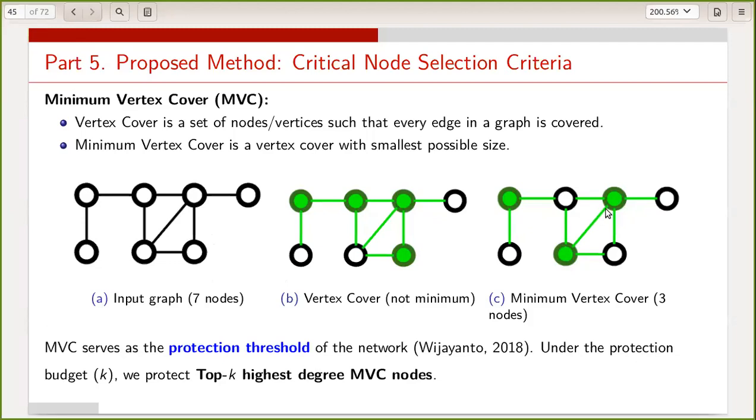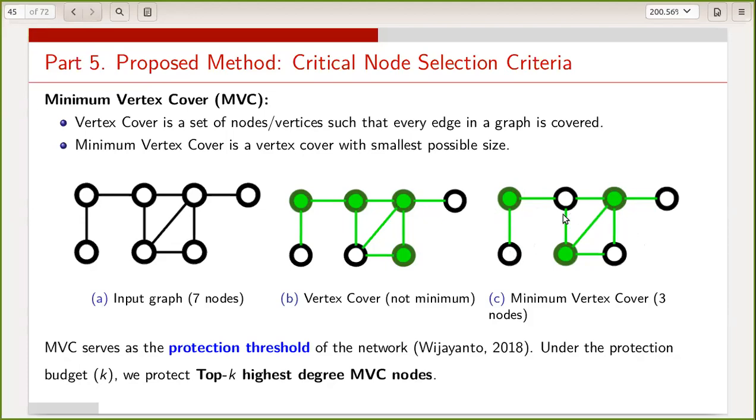So here we can see that from the 7 nodes, by protecting only three, 1, 2, 3, we already protect all of the connections, all of the edges in the graph. So it makes sure that with these 3 nodes, there will not be any hoax spread throughout the network.